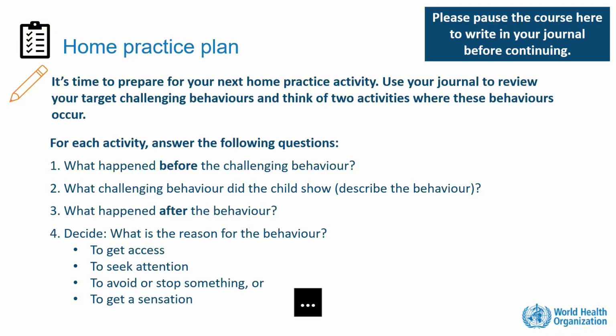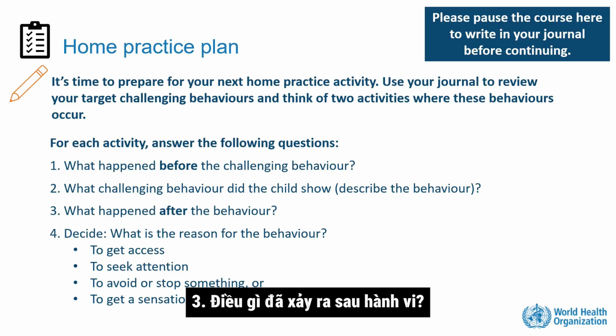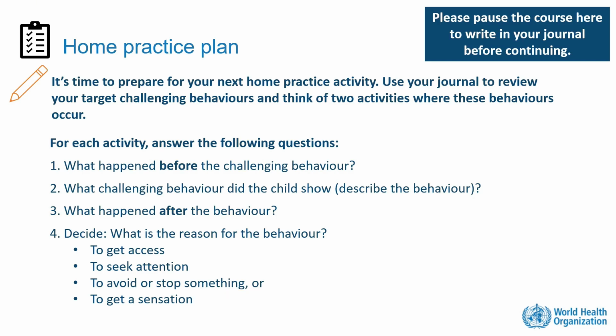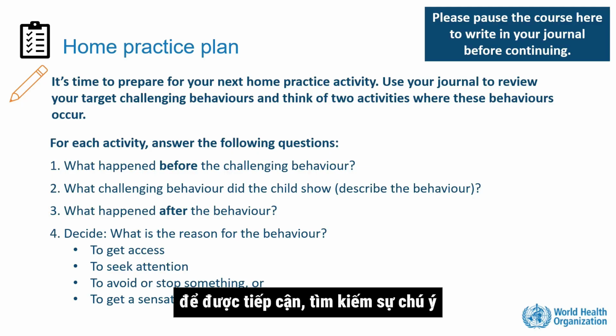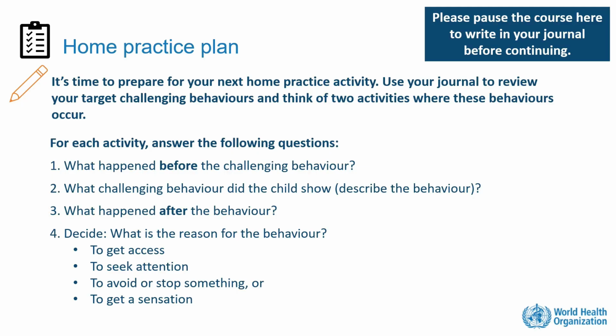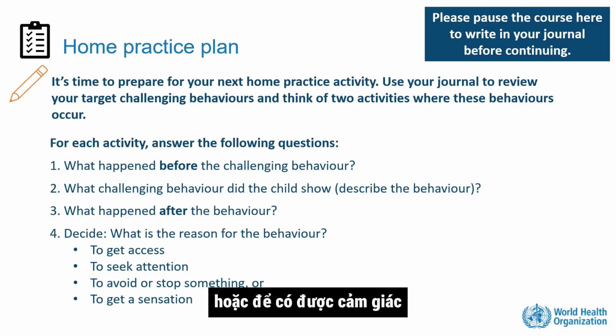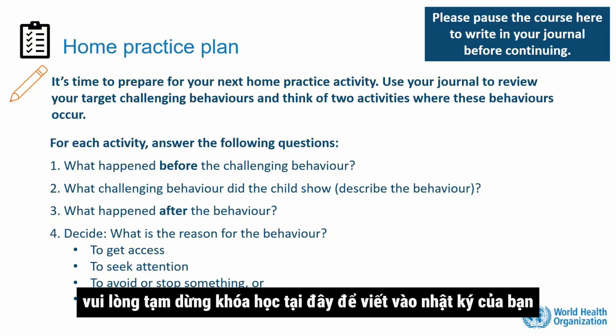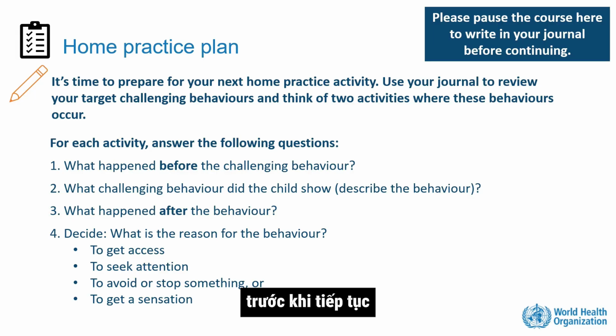Describe the behavior. 3. What happened after the behavior? And 4. Decide what is the reason for the behavior. To get access, to seek attention, to avoid or stop something, or to get a sensation. Please pause the course here to write in your journal before continuing.